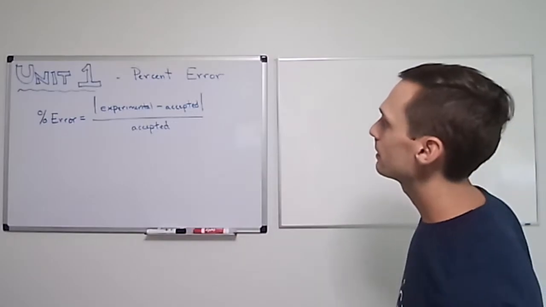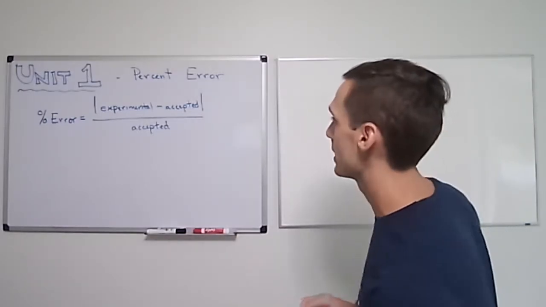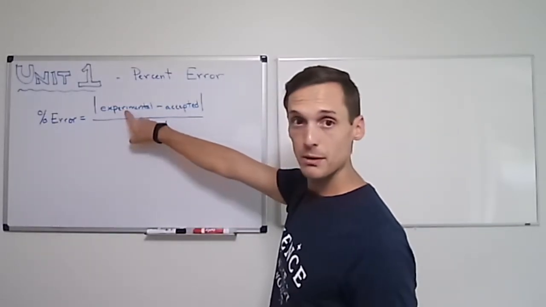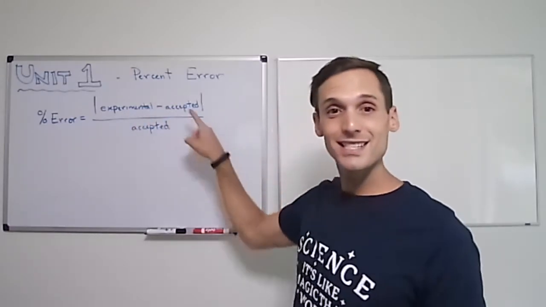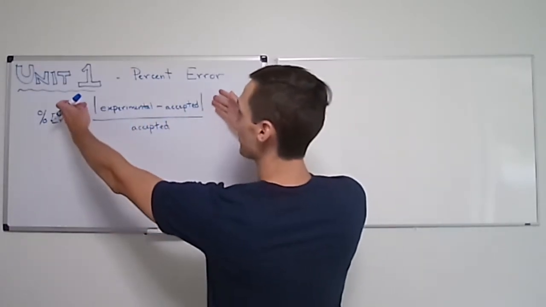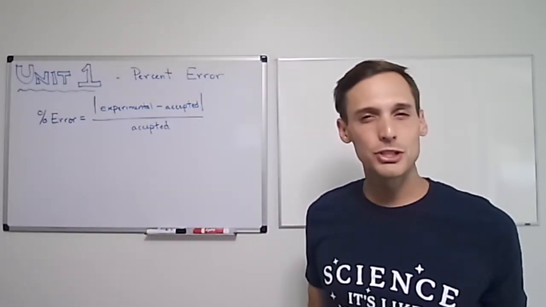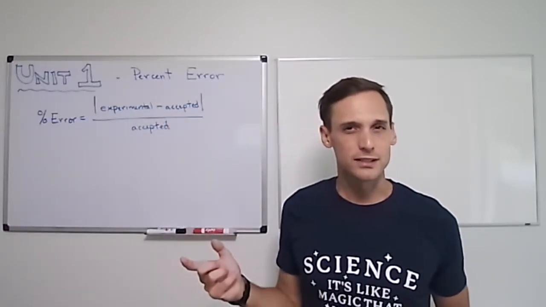So I've put up the equation for percent error, and there's just a couple things I want you to take note of. It is the difference between your experimental value minus the accepted value, but that's in absolute value. Why would you think we would take the absolute value of this difference?